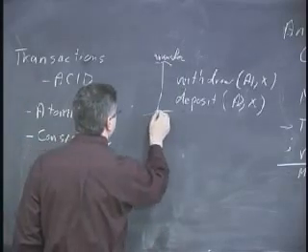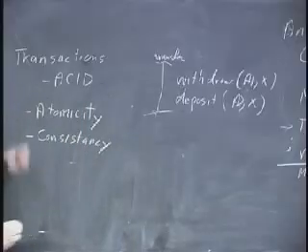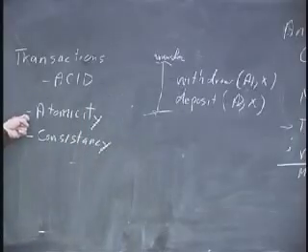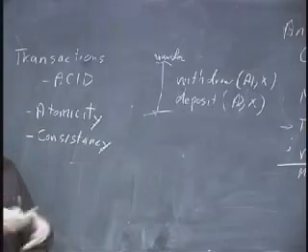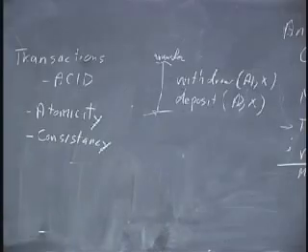Okay, so it guarantees you not only that it will happen or not happen as a unit, but if it does happen, it will result in a consistent state of the database based on any conditions that you've applied.